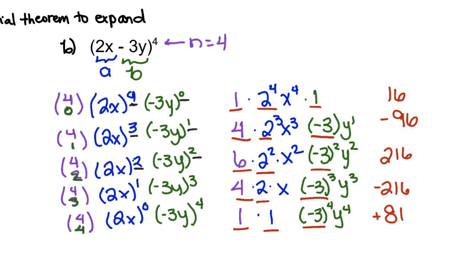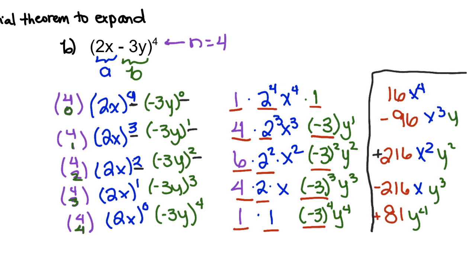And then we still had x to the fourth, x cubed, x squared, x, y squared, y cubed, y to the fourth. And I'm okay if you leave your answer written that way.